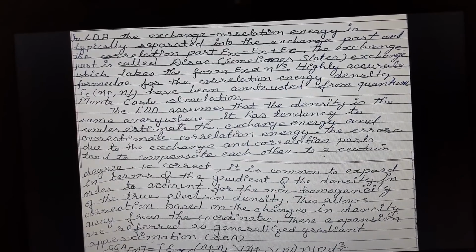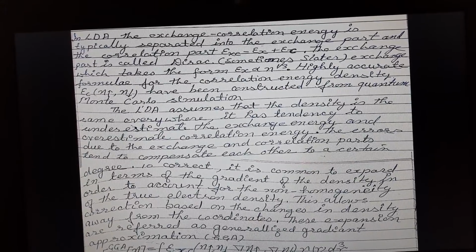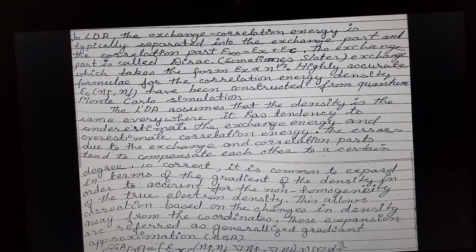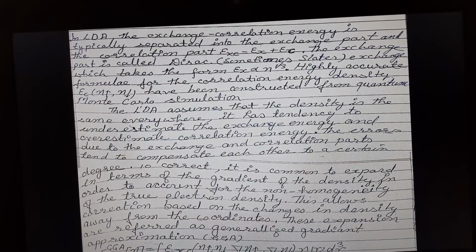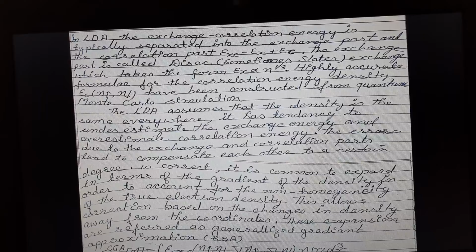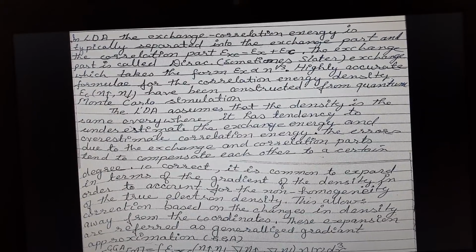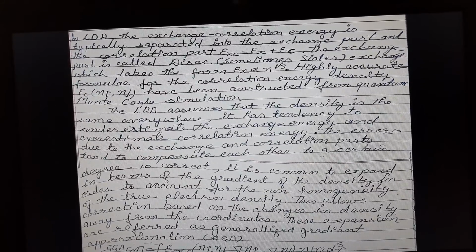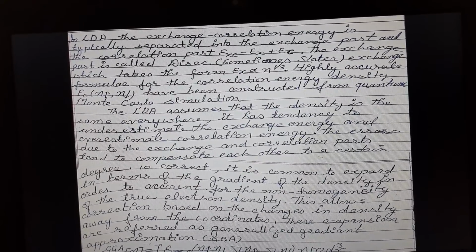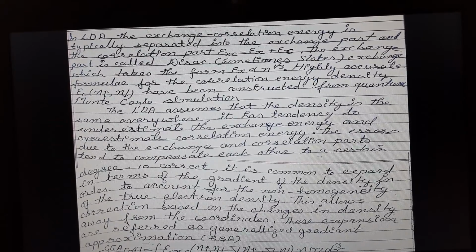To correct this, it is common to expand in terms of the gradient of the density in order to account for the non-homogeneity of the true electron density, thus allowing correction based on the changes in density away from the coordinate.